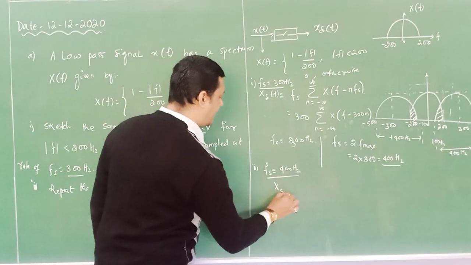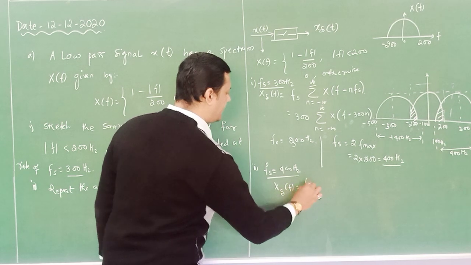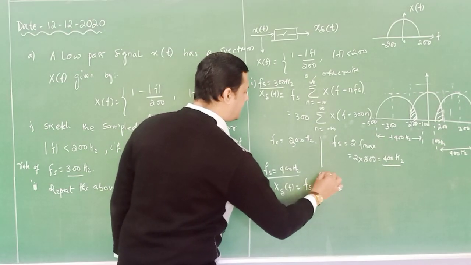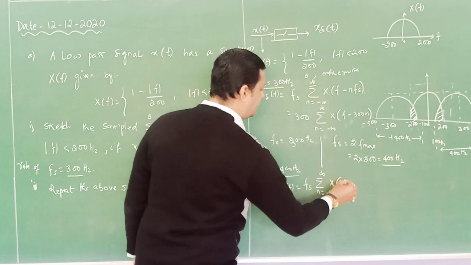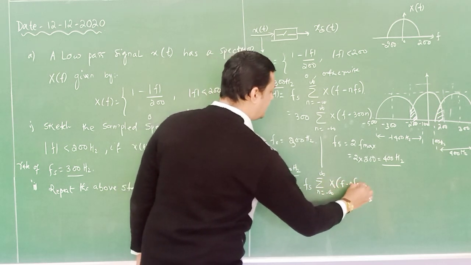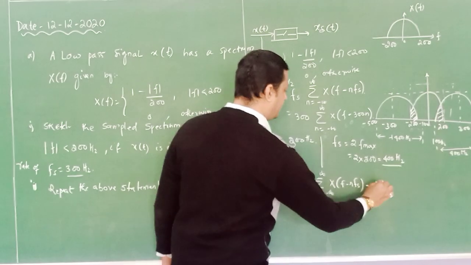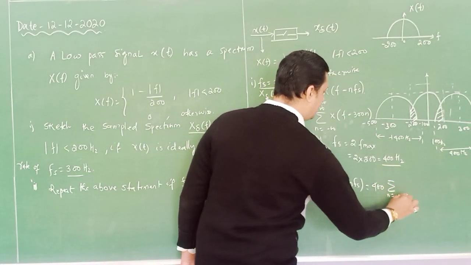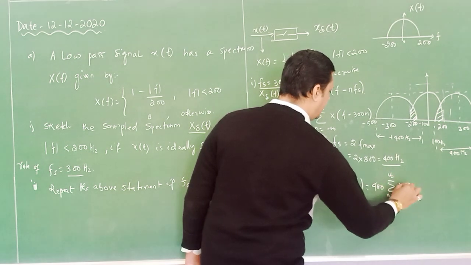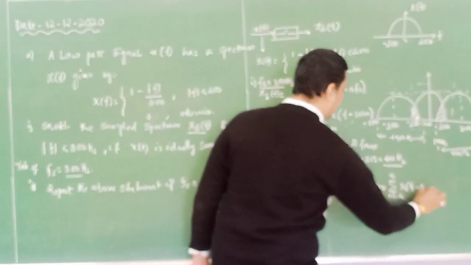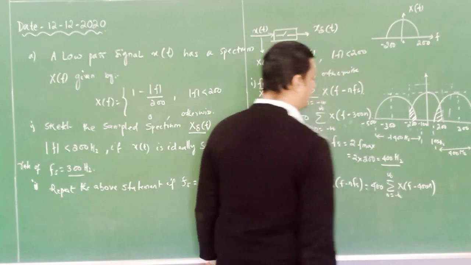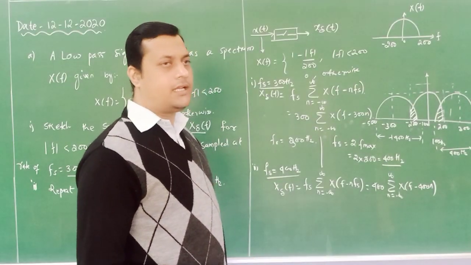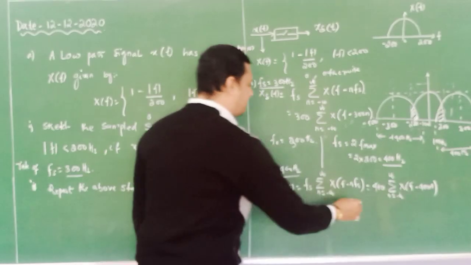So I will write X delta of f is equal to fs summation n equals minus infinity to infinity X of f minus n fs. So here I will substitute, it is 400 summation n equals minus infinity to infinity X of f minus 400 n. Now if you substitute n value as positive, negative or 0, you will get a spectrum.